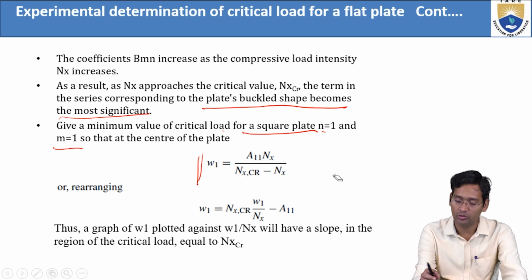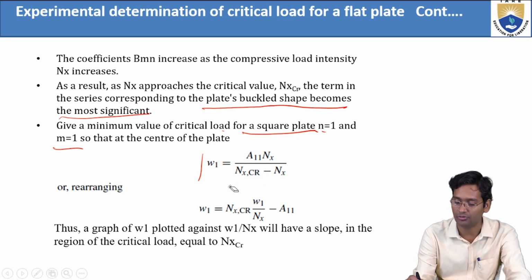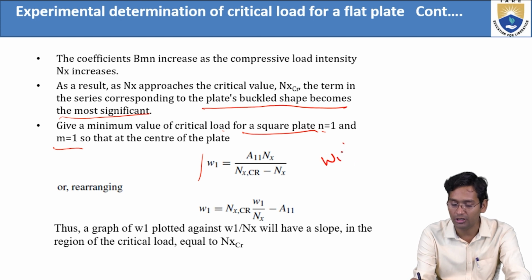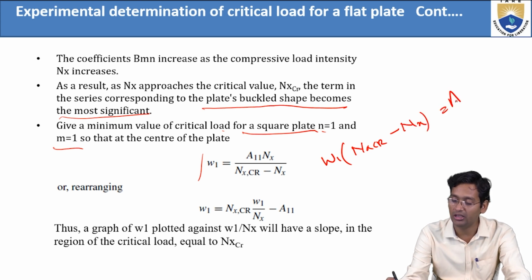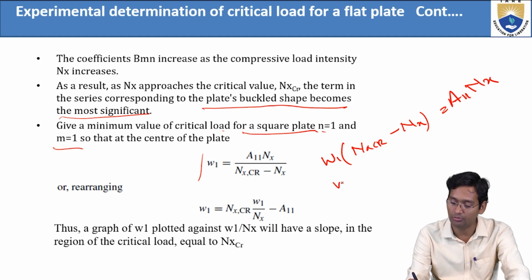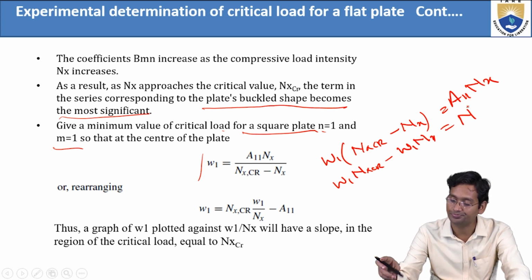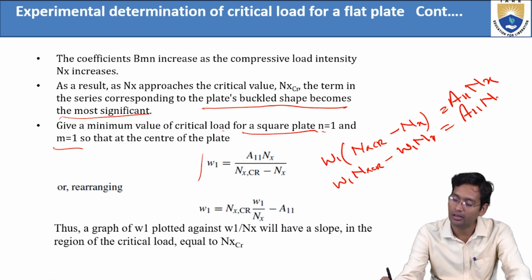Now what we can do, just cross multiply this one. So W1 into Nx,cr minus Nx equals A11 Nx. Okay, now I'm just multiplying. So W1 Nx,cr minus W1 Nx equals A11 Nx.